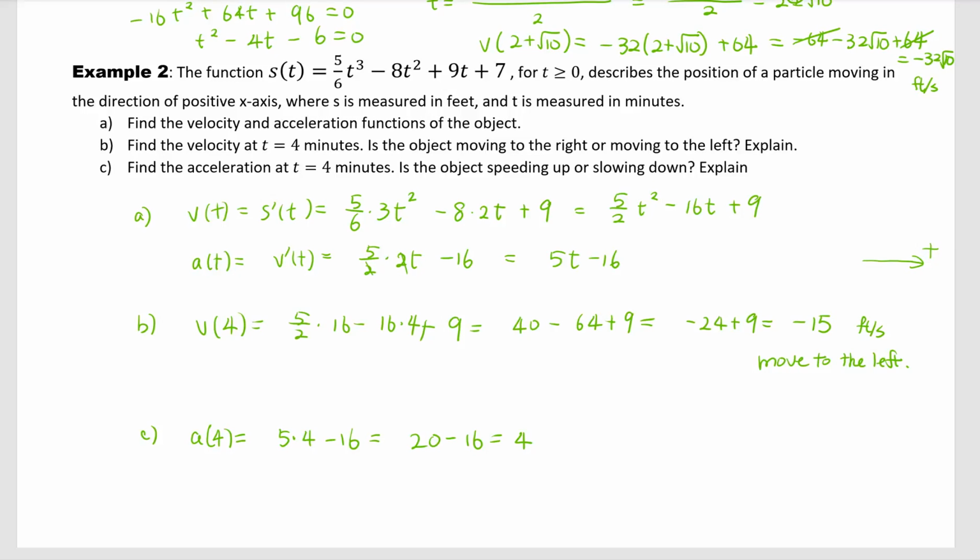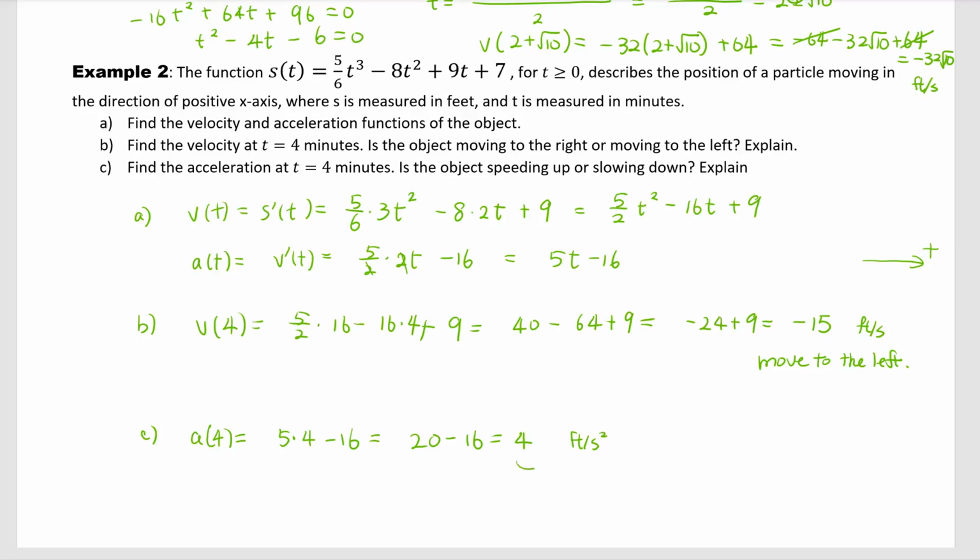Is the object speeding up or slowing down? Some of you will say up because it's positive, so it's speeding up? No. When we talk about speeding up or slowing down, we want to see whether the acceleration is in the same direction as the velocity or in the opposite direction compared to the velocity.